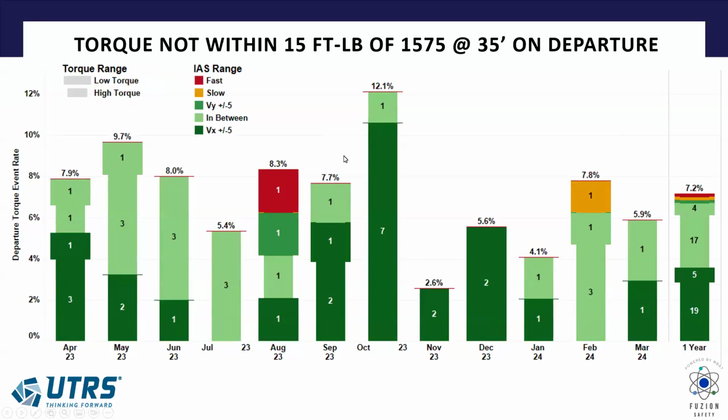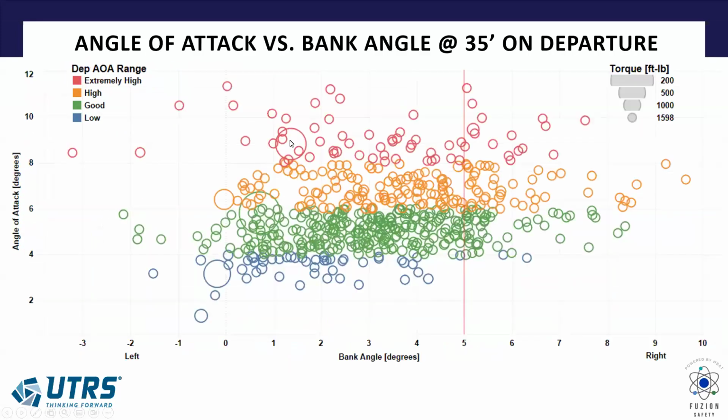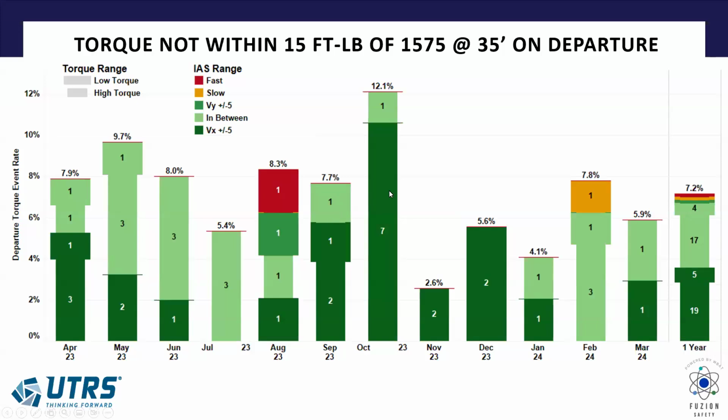While looking at that, if you notice back here, the size of the dots was determined by the torque. So the bigger the dot, the less torque. Why would somebody be at 35 feet and already have their torque back? So let's look at that. Again, these numbers are just notional. We'll hash them out to figure out what we really want to look at.